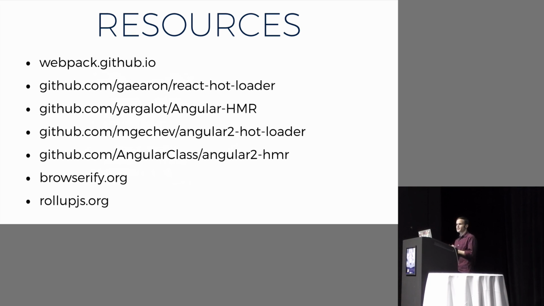There's Browserify, which does something similar to Webpack. It's not as configurable, so you'll have to install multiple plugins to get it to work kind of like Webpack. There's also Rollup.js, which is pretty powerful actually. It uses something called tree shaking. That's something I wasn't able to cover today, but it will be included in Webpack too.